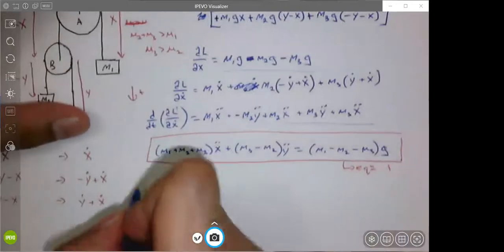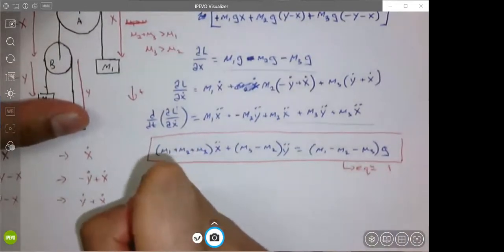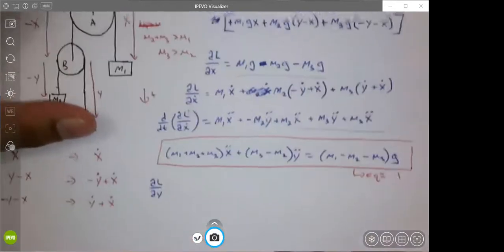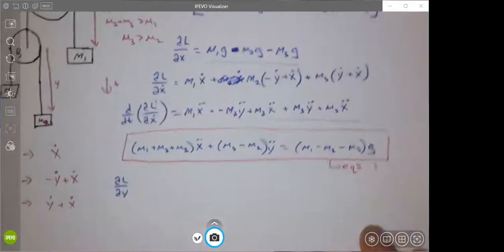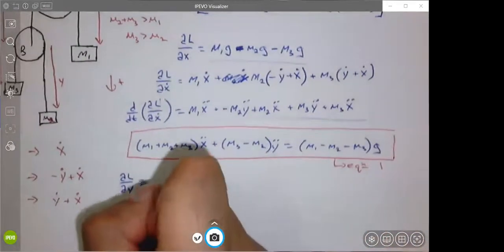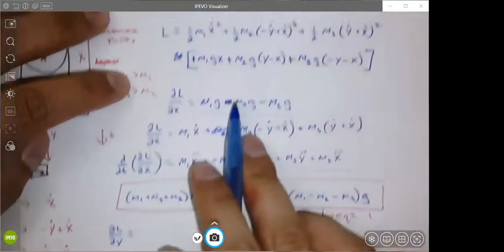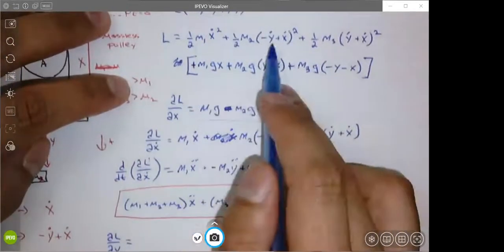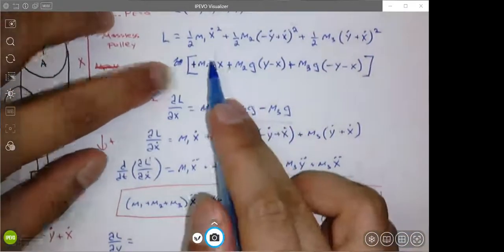Okay, the partial of the Lagrangian with respect to y is equal to, okay, let's be careful here when we do this. No y here, no y here, no y here, great. Over here, no y, great, gone.